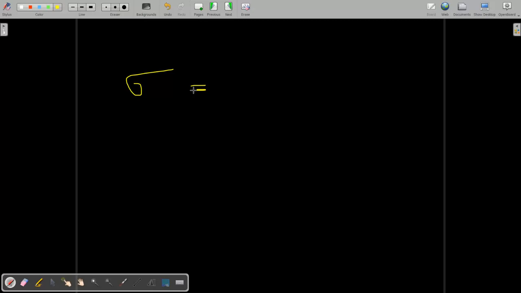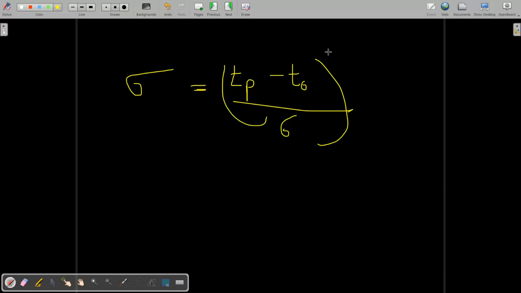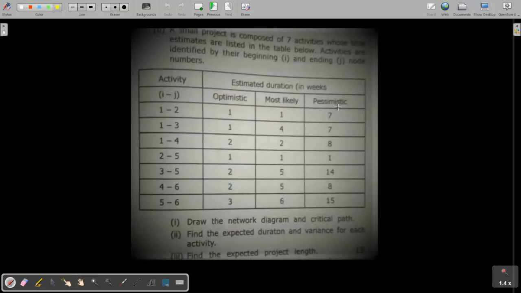So that is the variation between your actual time and your ideal time. That variation is measured by variance, and its square is known as variance. That is most pessimistic time minus optimistic time divided by 6, whole square. Sigma square is known as variance, and its equation is (TP minus TO) divided by 6, whole square, where TP means pessimistic time minus optimistic time. Okay, hope you guys understand.